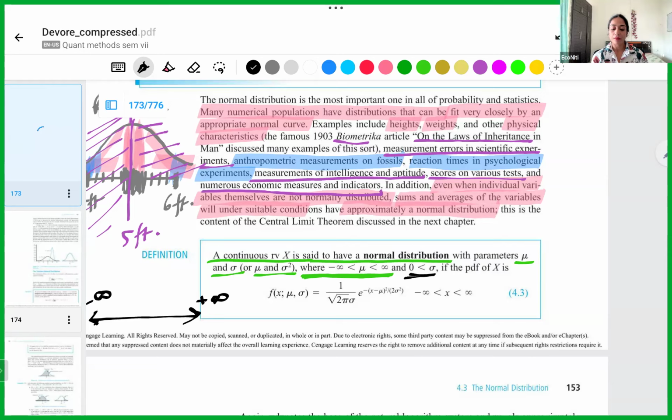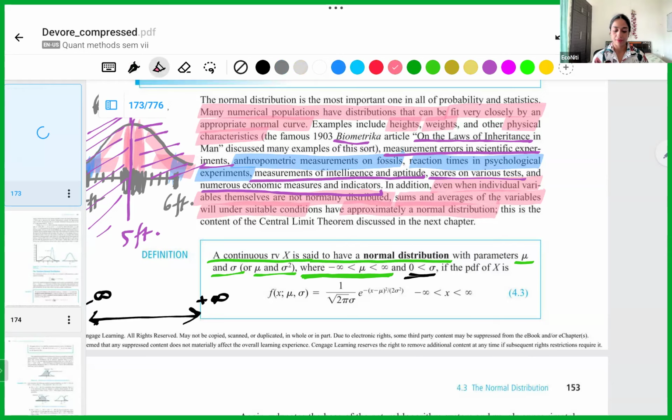Then if the PDF is given like this, so this PDF is saying, if you want to know, ये PDF को जब plot करोगे, right, what you have is this is your X value and this is your PDF value.